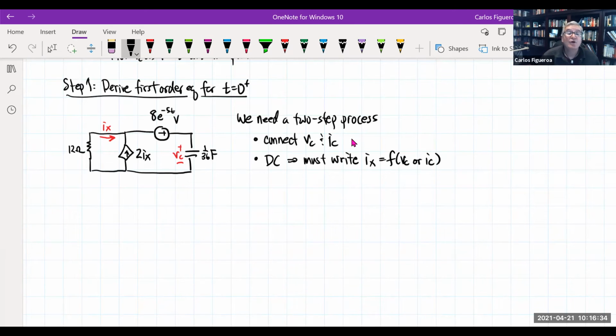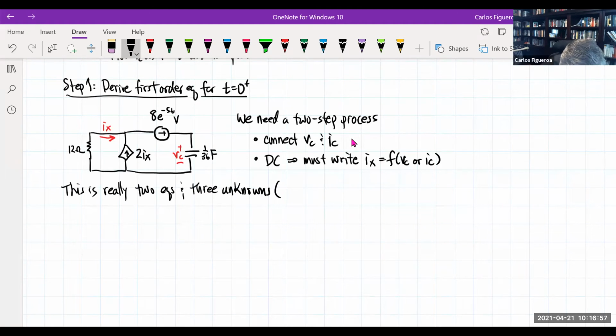Actually, I have two equations and three unknowns. And what I mean by that is that, of course, I need VC and IC to be connected, but now I have IX. I somehow have to connect that.